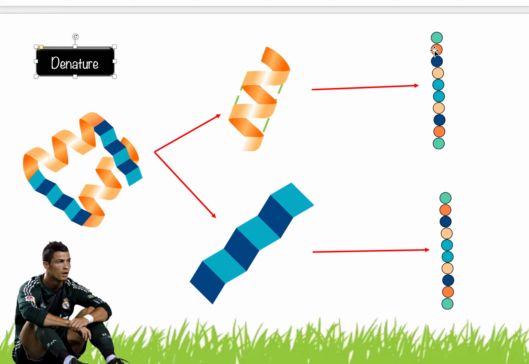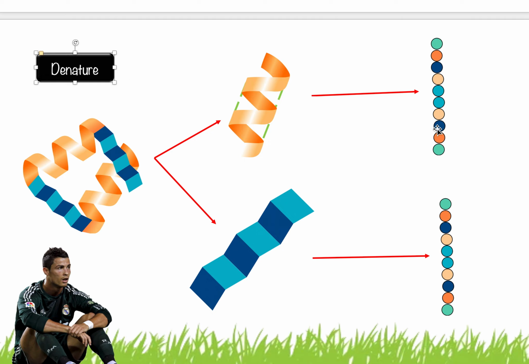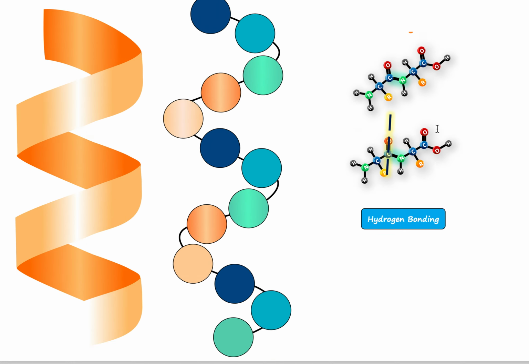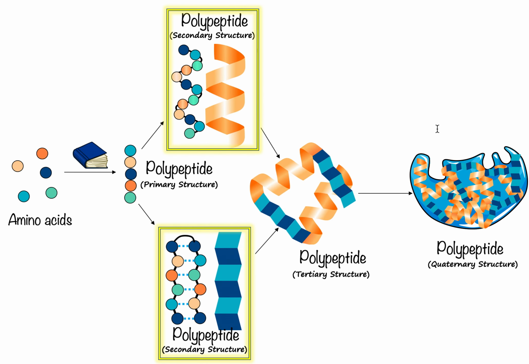So it doesn't affect the order of the amino acids or anything. It only affects the overall 3D structure, because it breaks apart this molecule into its original primary structure. I'll show you what I mean. To make a full-on protein, we need amino acids that form polypeptides.